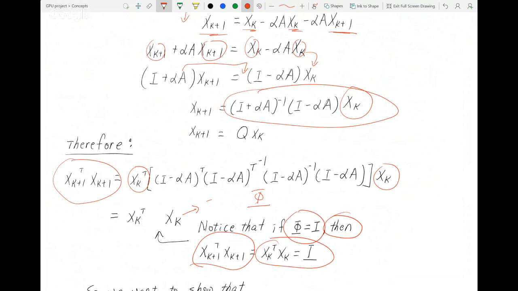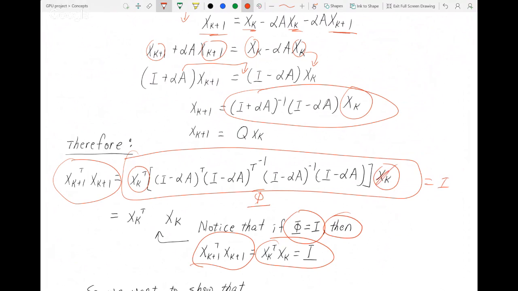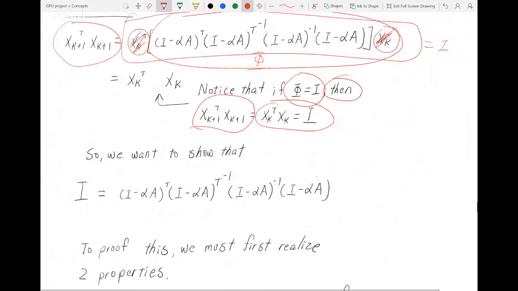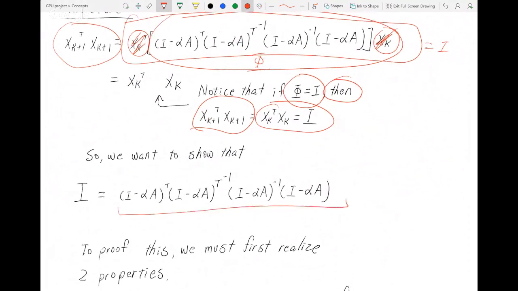And we know that this is identity. So we don't need to prove this whole thing is equal to identity. We can get rid of this and just prove that the middle is identity. So I want to show the middle is the identity.